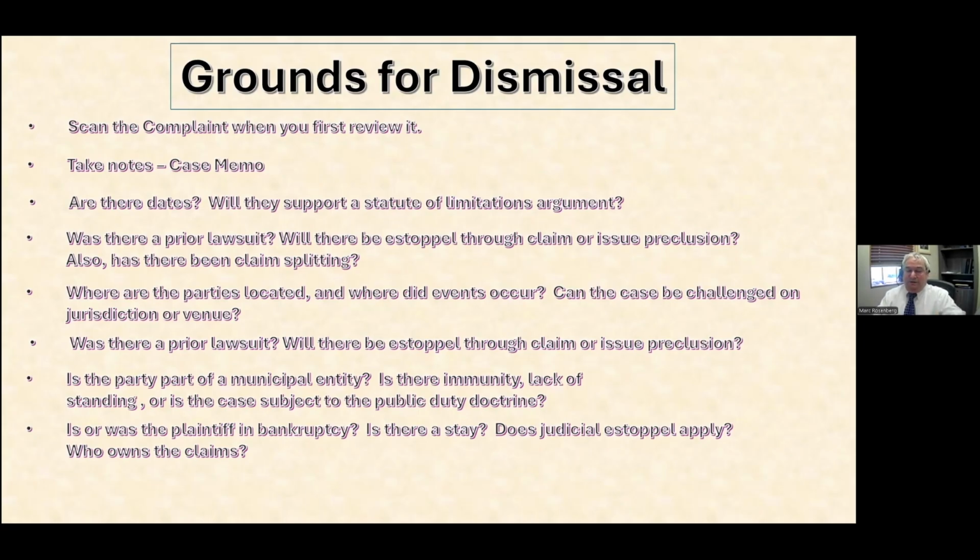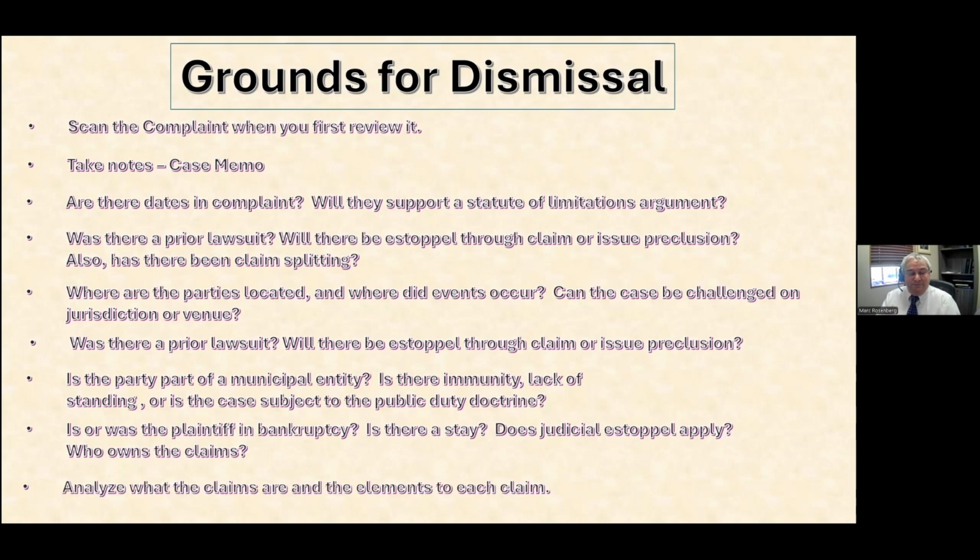And then a couple of years later, they sue someone else saying, I own that property. Well, their case is going to be dismissed based on judicial estoppel because they made statements in the bankruptcy that are written down and the court relied on them potentially. And so they may have an effect on a case.